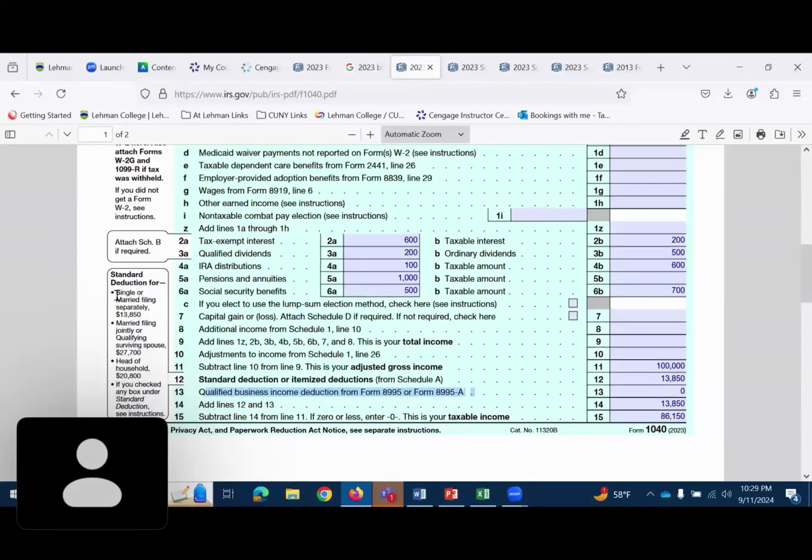So the standard deduction is basically the IRS saying, we're going to give you a deduction for your living expenses. We're not going to pay for your living expenses, we're not going to pay for everything, but we're just going to give you a little bit of a tax break to reduce your gross income by the standard or itemized deduction. Married filing jointly is the $13,850 times 2.